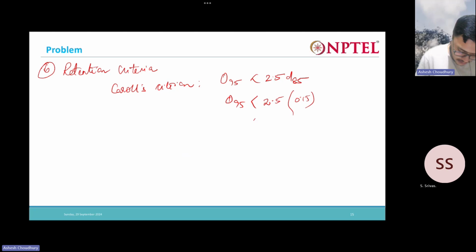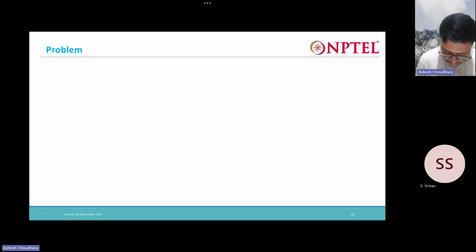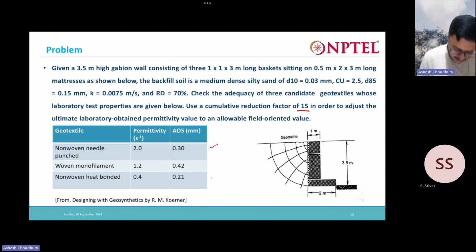So O95 should be less than 0.375 mm. This is the aperture opening size, which should be less than 0.375 mm. Now let us see what aperture opening sizes you have: 0.3, 0.42, 0.21. So this is fine, this is fine, right?